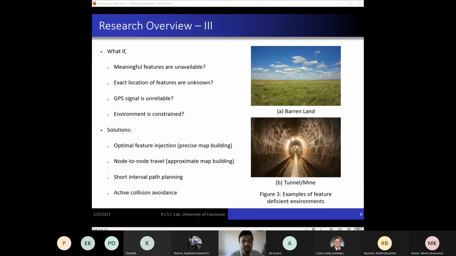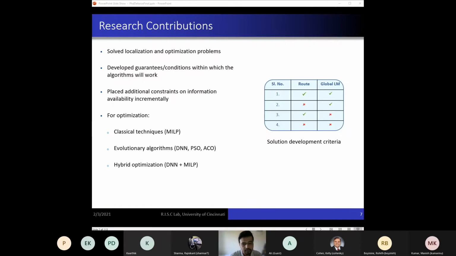These kinds of environments can be collectively termed feature-deficient and constrained environments, also GPS-denied. In such a scenario, we can try optimal feature injection for precise map building, as we did for our final work, node-to-node estimation and localization for approximate map building, and augment techniques like short-interval path planning and active collision avoidance to improve navigation.